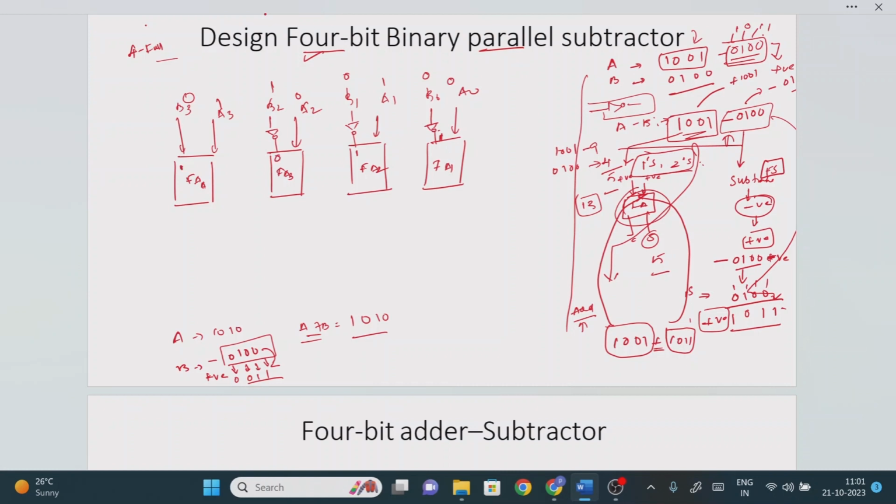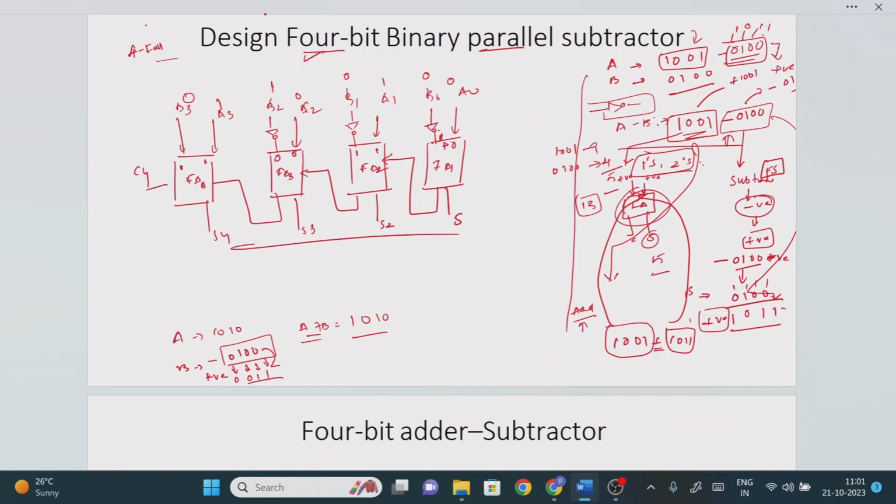This value is always the same, right? Because it is already a positive number, right? So 1, this is already a positive number. So 1 plus 0 is what? You will get the sum as 1, carry is generated, and the carry will be added here. Like that you will find the second sum, S3, then you will find the output S4, and finally you will find C4.